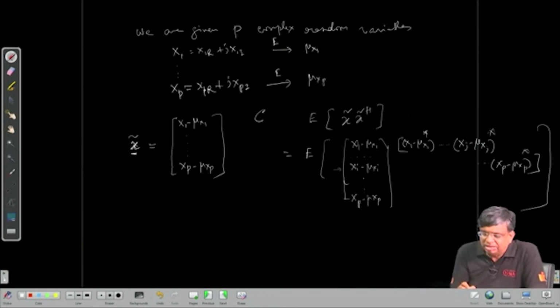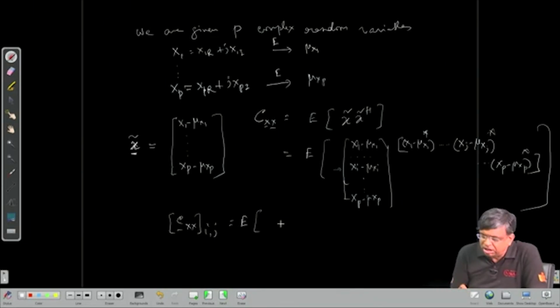C_XX, complex covariance matrix. So, C_XX, its typical i comma jth element will be what? This fellow times this fellow, ith guy. How is the matrix formed? This into this expected value, first 1 comma 1, then this into next 1 comma 2, this into next, like that. So, ith row, ith fellow here and jth fellow here. When you multiply, you get the i comma jth element of C_XX. And what is that? That is E. I am not writing anything in the subscript, it is up to you, you understand now.